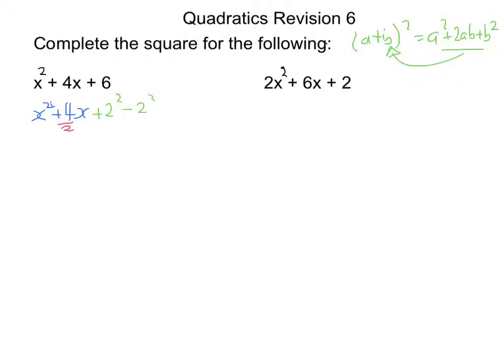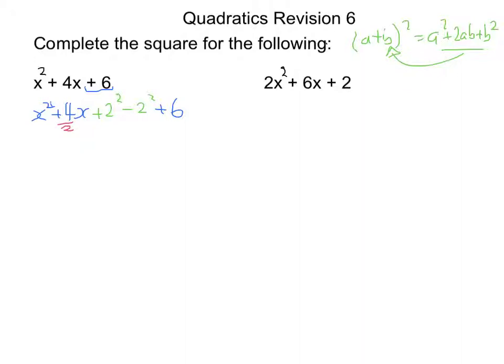That 2 has come from the 4 divided by 2, so if there had been 6x, 6 divided by 2 is 3, so it would have been plus 3 squared and take away 3 squared. We have to add and subtract so that we don't change the overall value of the question, and then we need to get this plus 6 from the original question and bring that down as well.